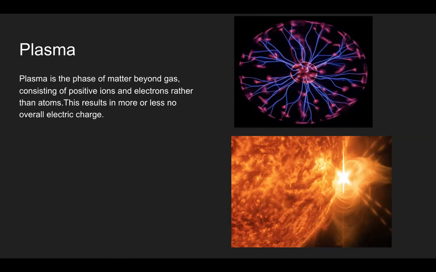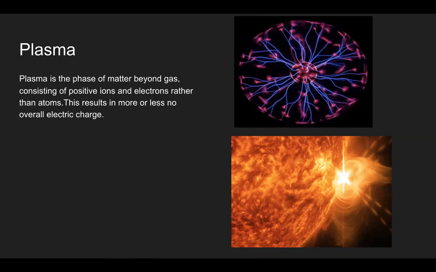Anyone have those things at home? What you had pictured up there? You can touch them and all the beams go towards your finger. I don't know if anyone's seen any of those. I used to have one of those when I was a kid. And plasma mostly consists in either low pressure areas, like in the upper atmosphere, or in fluorescent lamps, or I think it's called a Tesla coil is what this thing is.